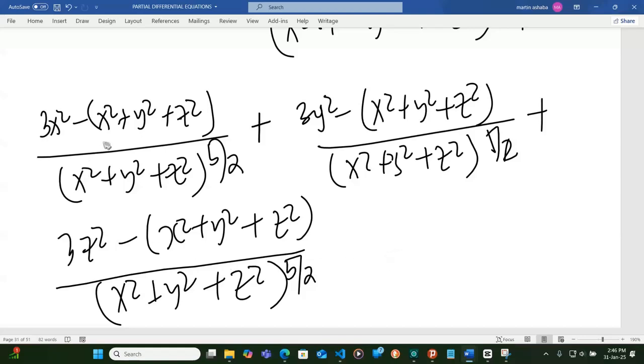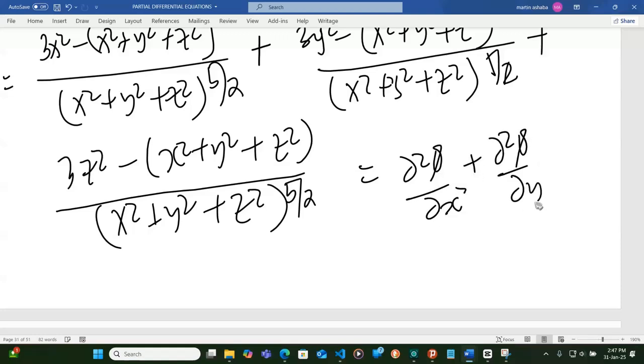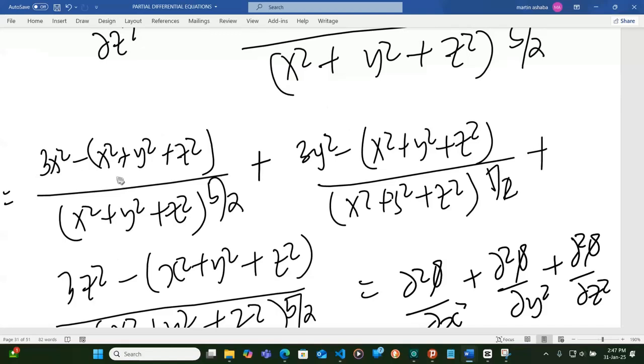So what does this give us? Obviously, this is the same as del 2 phi del x squared plus del 2 phi del y squared plus del 2 phi by del z squared. So we collect like terms.